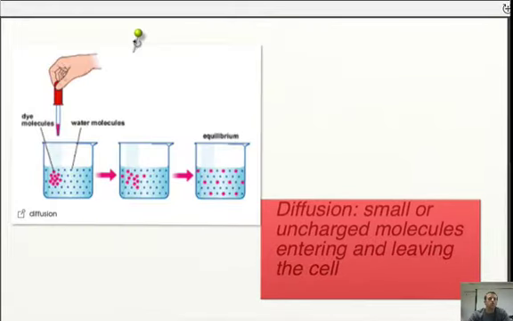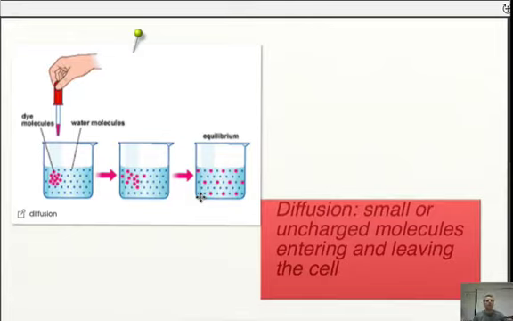Notice this picture here: you have this guy or girl dropping in dye molecules. They enter the water, and diffusion occurs when these molecules start separating. They go from a high concentration and separate to a lower concentration within the beaker. So that's an example of diffusion.